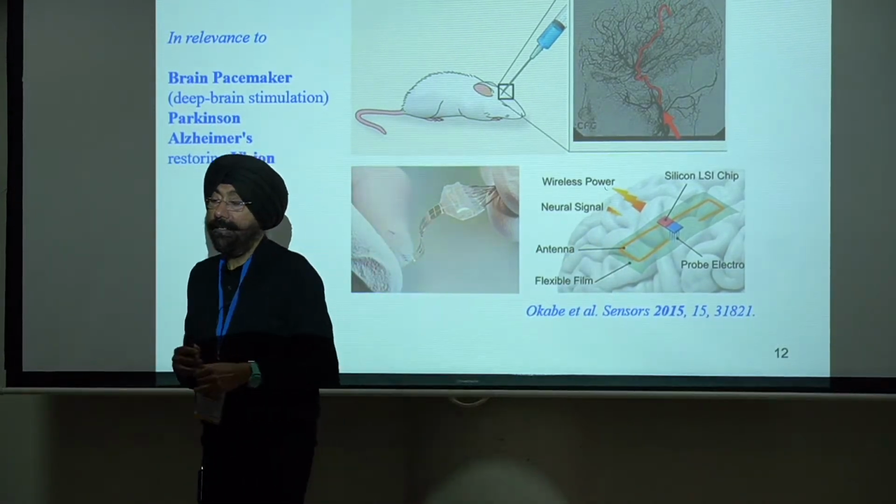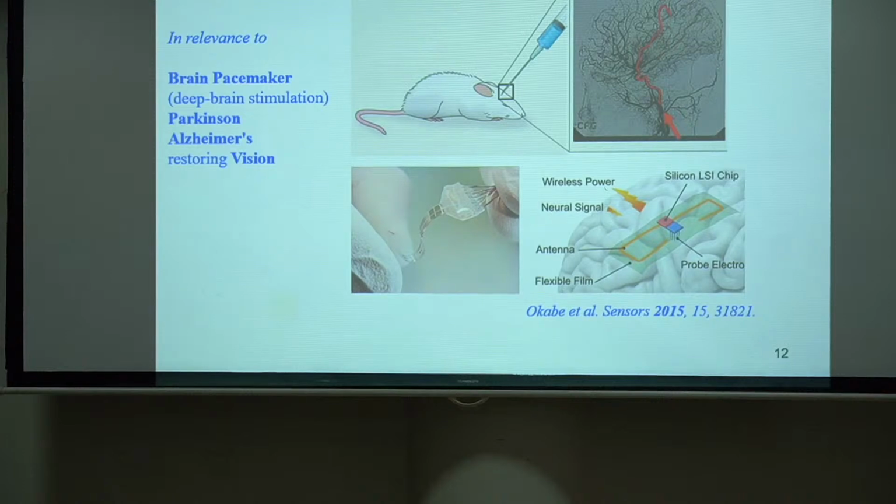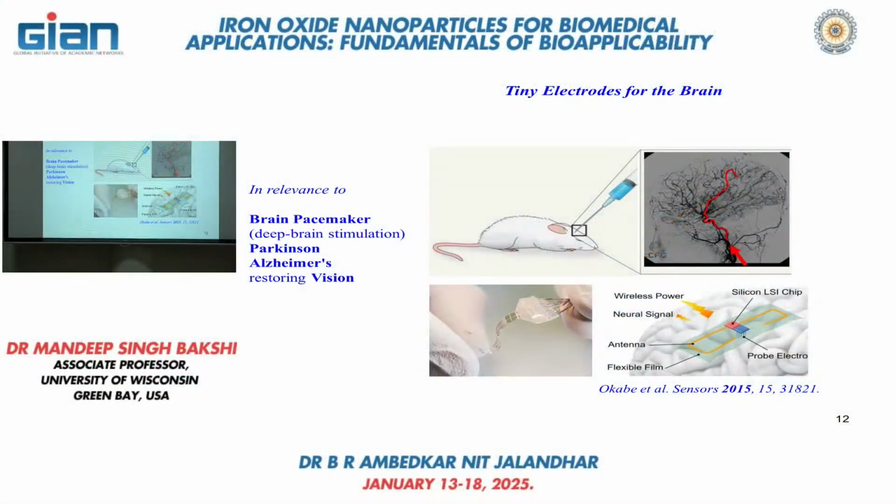Most of these studies are performed with animals, so I'm not sure if they have now started real tests on human beings, but for animals they have been doing it for the last several years, and results are there in the form of publications.